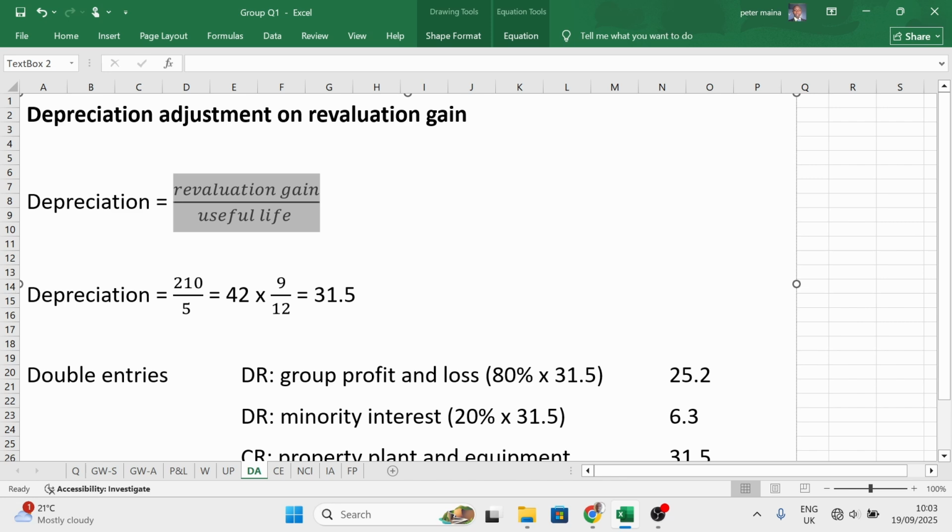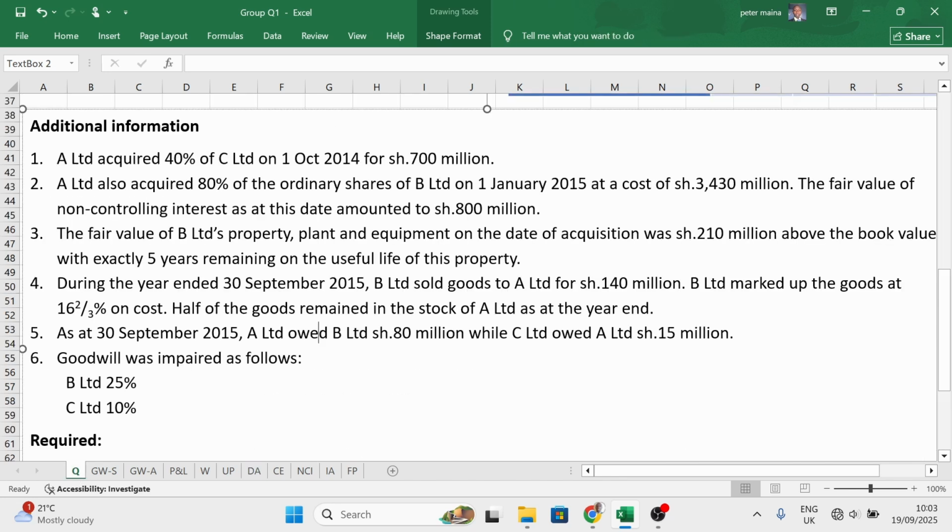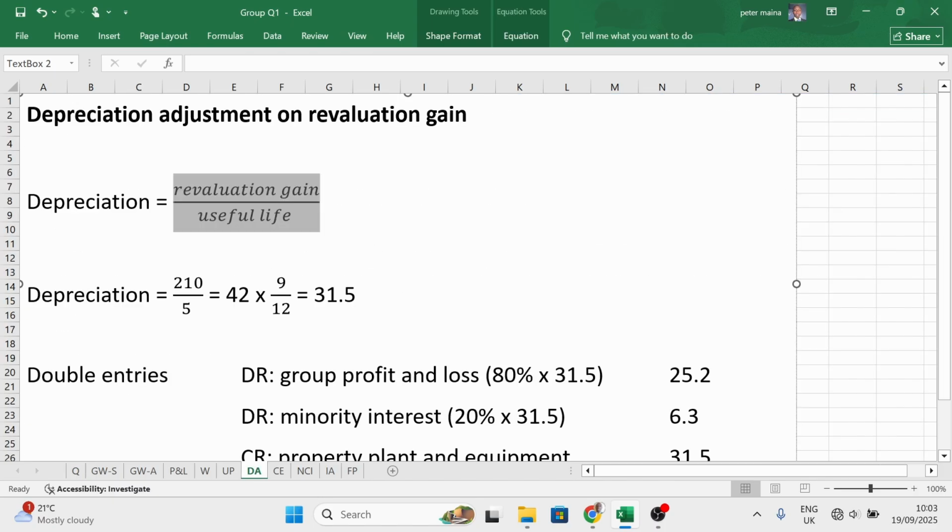So if we go back to the question, we want to see the gain in revaluation. This was given in number 3. The gain was 210 million, and the useful life of the asset was 5 years. So we are going to take 210, we divide by 5.